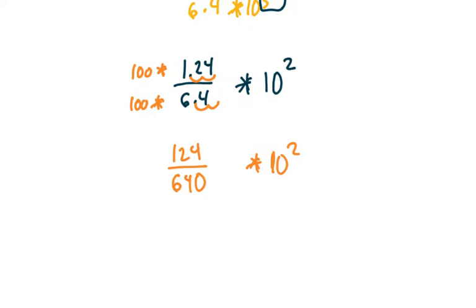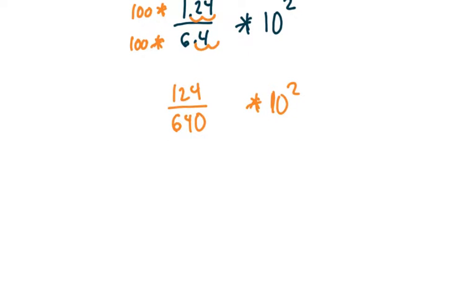So now we're going to break down 124 over 640. And my suggestion, if you're not going to do this with the calculator, is to just ask yourself, well, what does 124 break down to? Well, I know it's divisible by 4, so I'm going to say 4 times 31, and 64 I'm just going to break down, so let's just say 64 times 10.